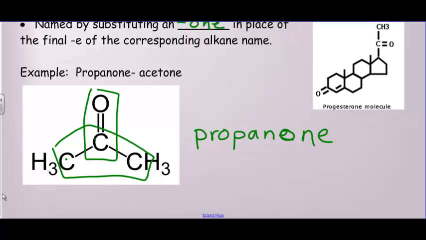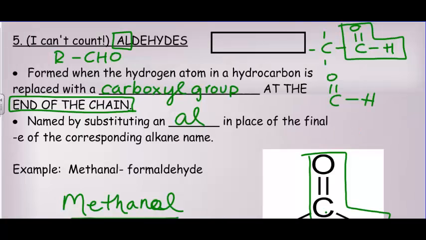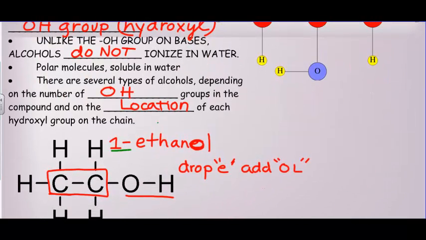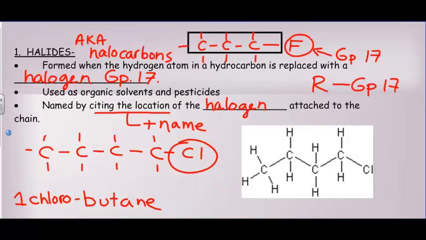But if there's more than one interior carbon, you will need numbers to indicate which carbon that double bond to oxygen is on. Just like for the alcohols, you need numbers, and for the halides, you'll also need a number, just like when we named them.